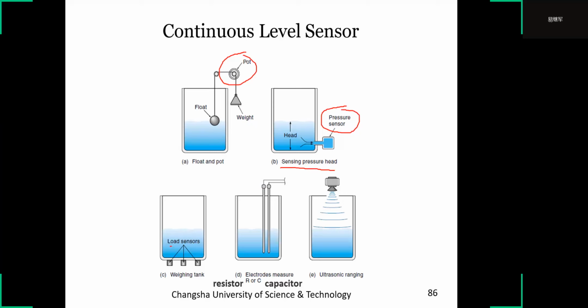This is a load sensor, weighing tanks. It's an electrode measurement. It's an ultrasonic range sensor. When the level is high, the distance is short.